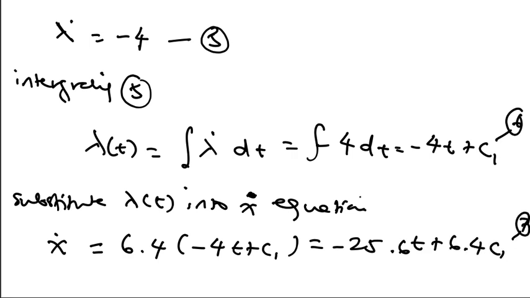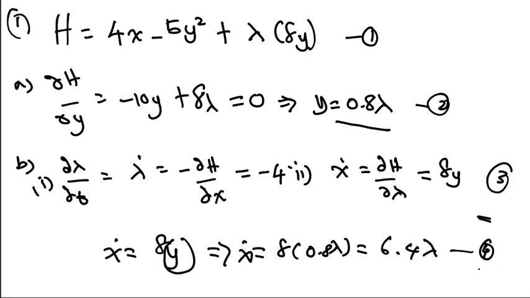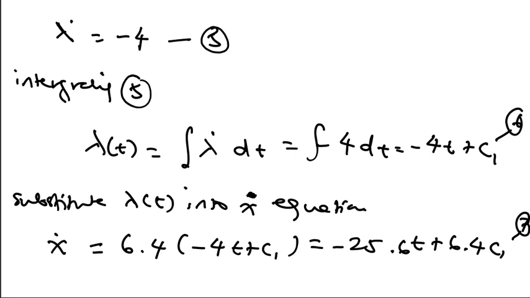Now, you might be questioning me, how do you get 6.4 here? See this one, equation 4. That's why you can see 6.4. So now we are at expression 7. So we have minus 25.6t plus 6.4 C1.